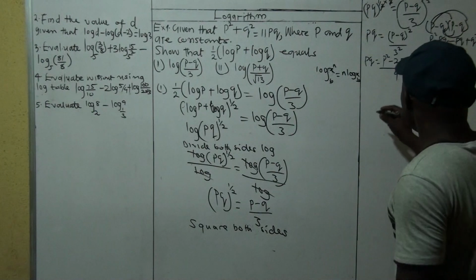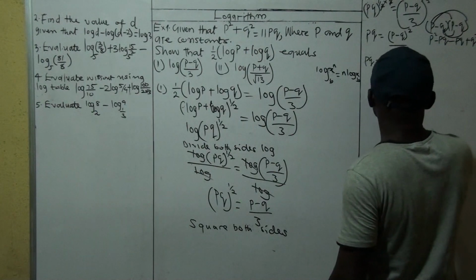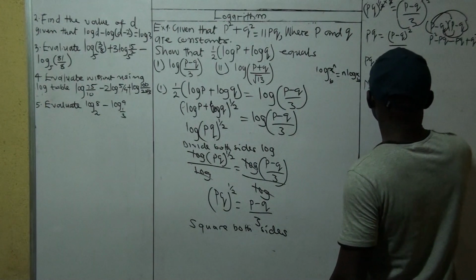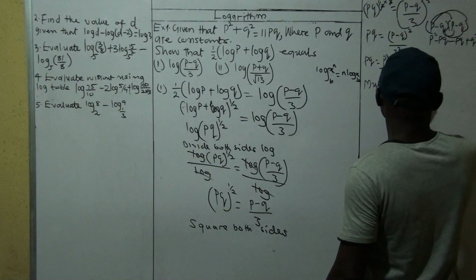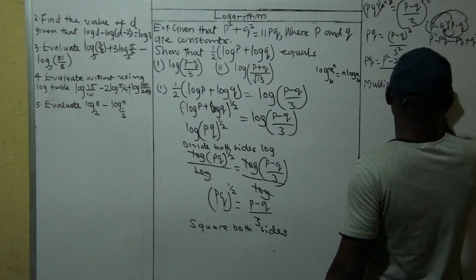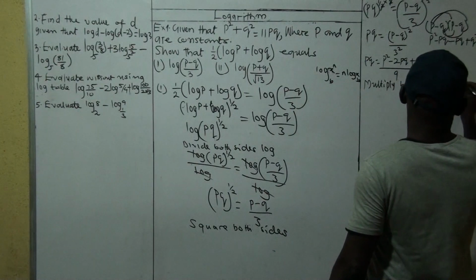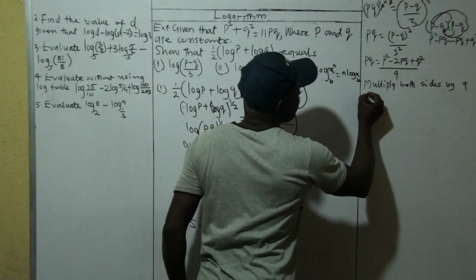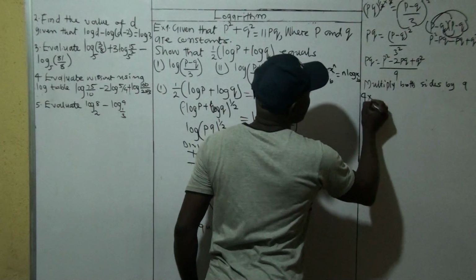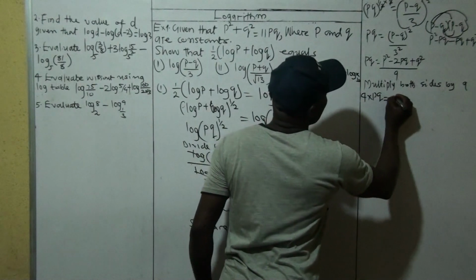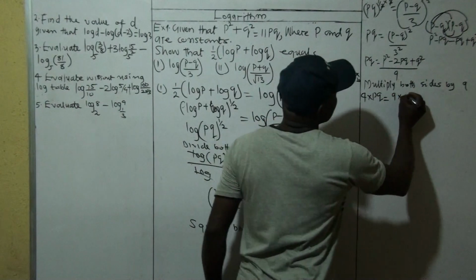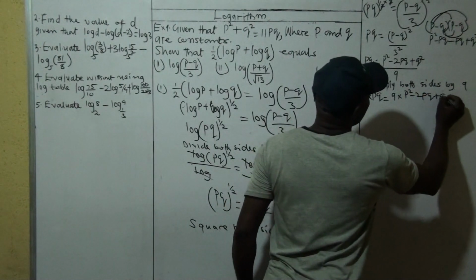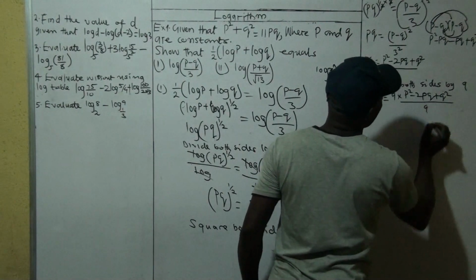The next thing is for us to multiply both sides by 9. We want to remove this 9 as a fraction. So multiply both sides by 9. Here we have 9 times pq is equal to 9 times p squared minus 2pq plus q squared all over 9.